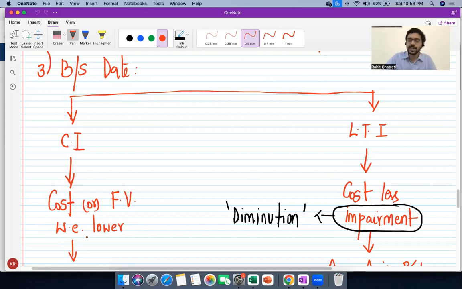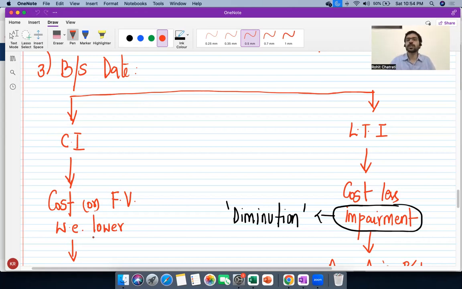Just like how under AS 2, you are taking cost or NRV, whichever is lower for inventories. Over here, for current investments, you're taking cost or fair value, whichever is lower. Again, fair value, think of it as market value for a moment. So it's cost or market value, whichever is lower.